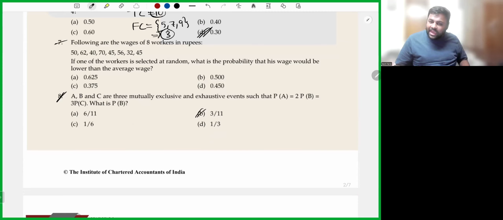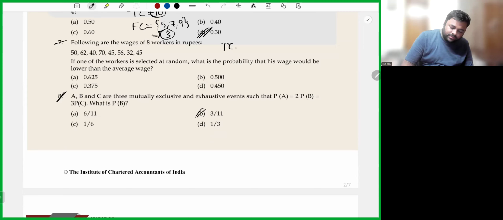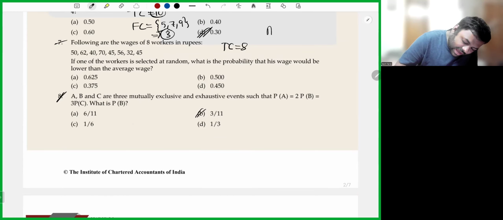Next. Following are the wages of 8 workers. Okay. So total cases are 8. If one of the workers is selected at random, what is the probability that his wage would be lower than average wage? Okay. First, let's calculate average wage, my dear friends.